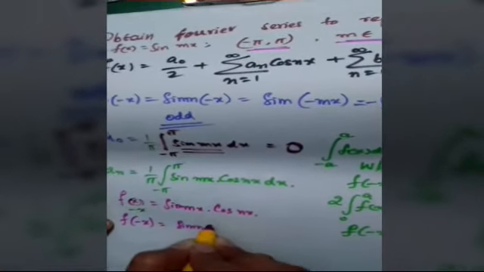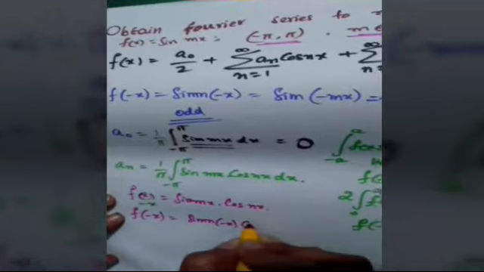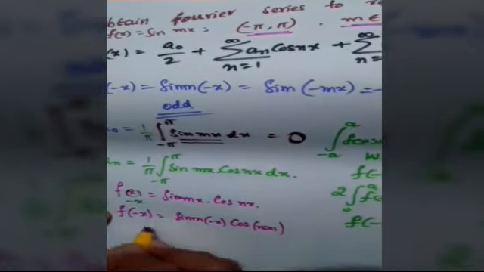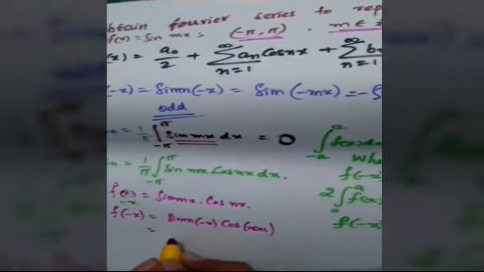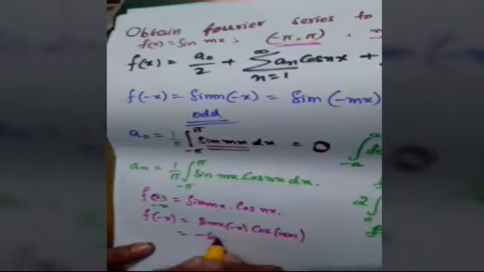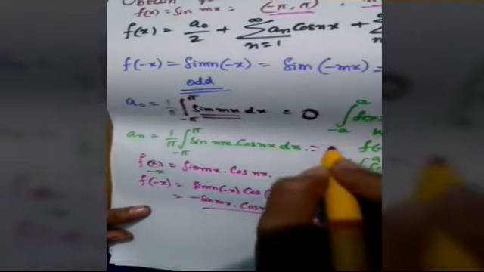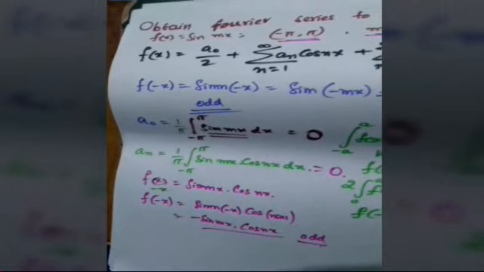Therefore we get f of minus x equal to sin m into minus x into cos n into minus x. Sin of minus mx is nothing but minus sin mx. Cos of minus nx is cos nx. Therefore this is an odd function, hence the integral is 0.